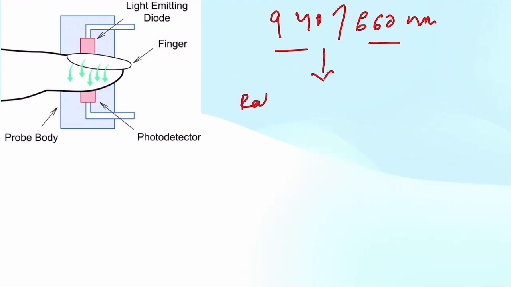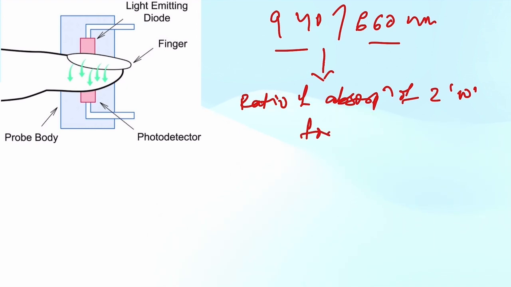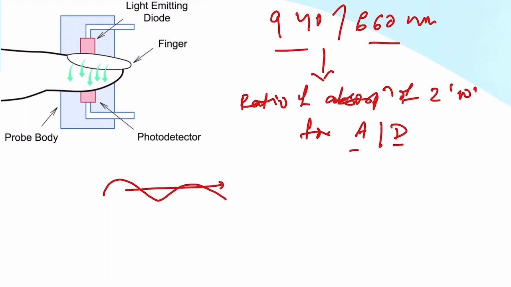Then we need to have the ratio of absorption of these two different wavelengths for the alternating and the non-alternating or the direct part. So what is alternating? If we consider the blood flow and the tissue components of the finger, let us say this is the arterial waveform and this part is pulsatile.